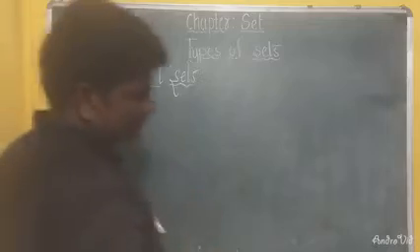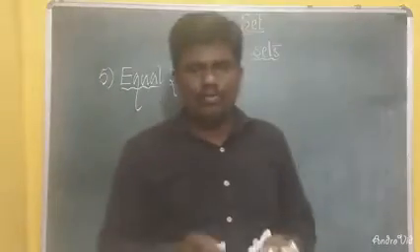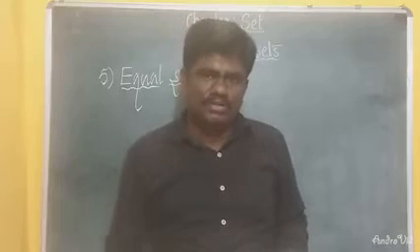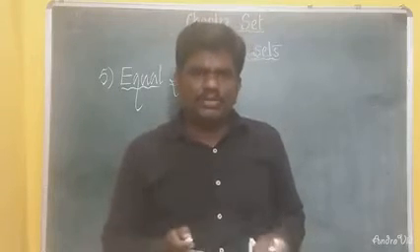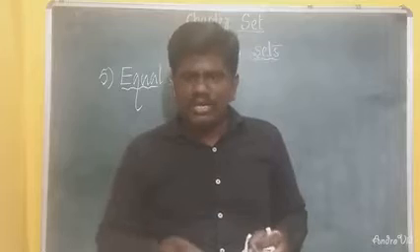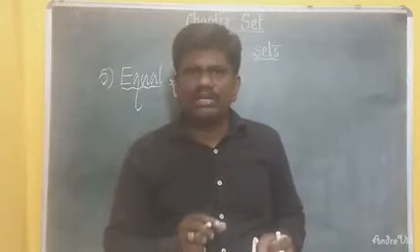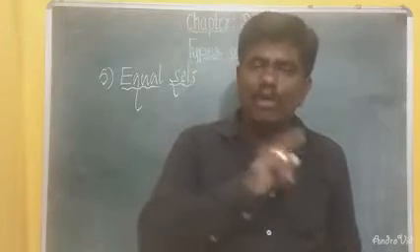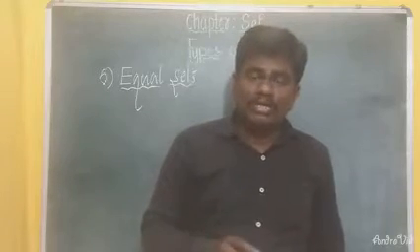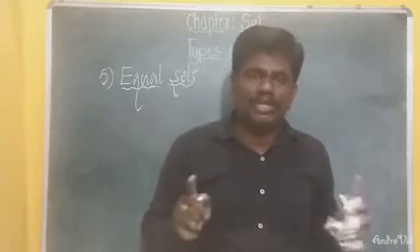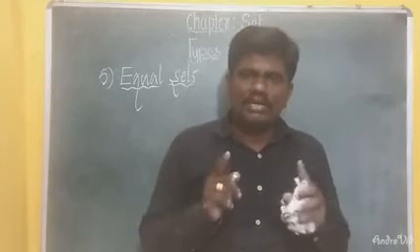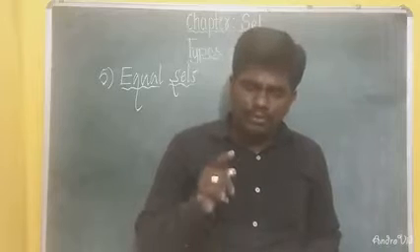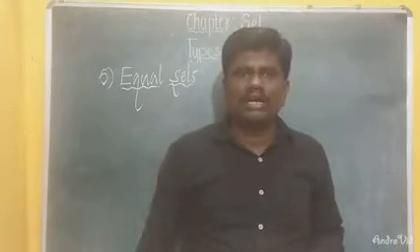Now, two or more sets are called equal sets under two conditions. Two conditions must be satisfied to say that two or more sets are equal. What are those two conditions? Number one is their cardinality must be the same. That is the number one condition to say if any two sets are equal.